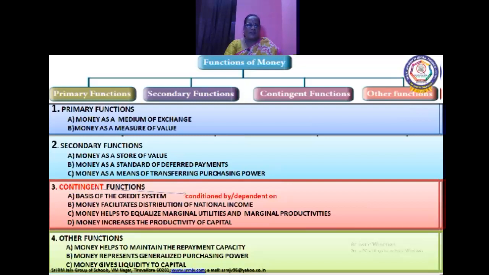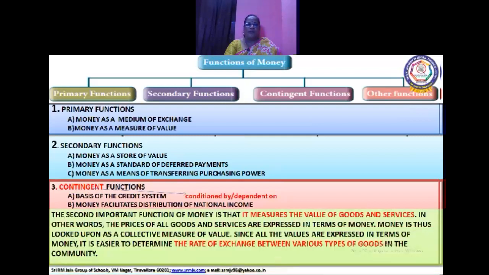Under other functions: money helps to maintain the repayment capacity, money represents generalized purchasing power, and money gives liquidity to capital. Let us go into detail about all these functions of money.